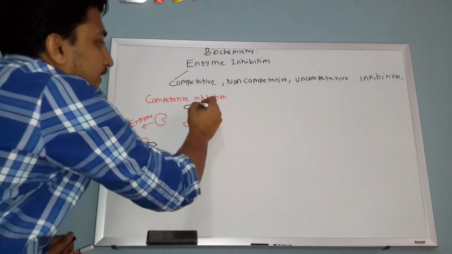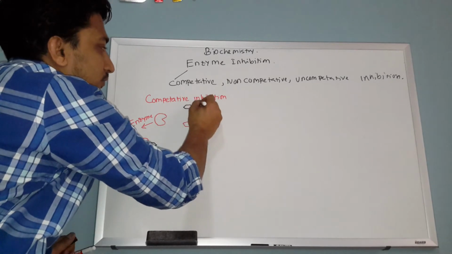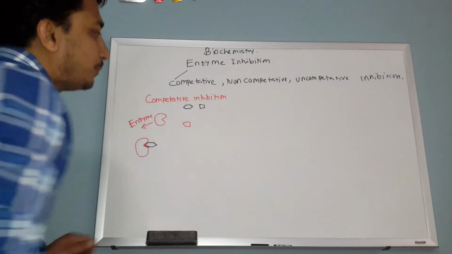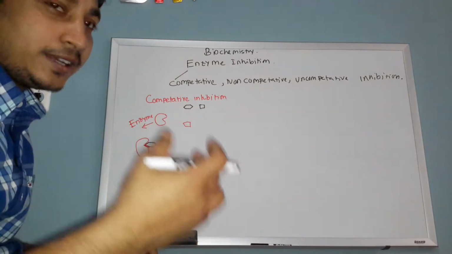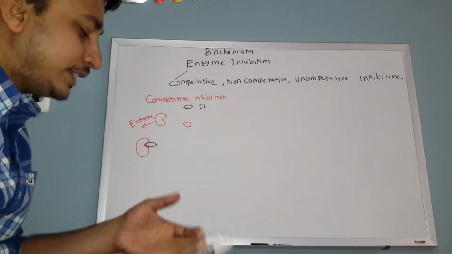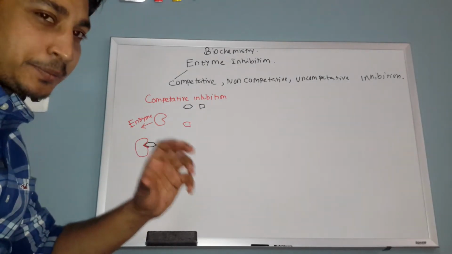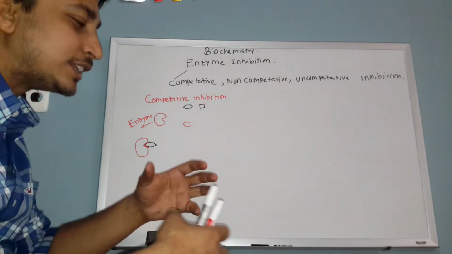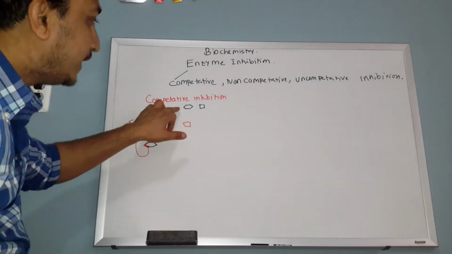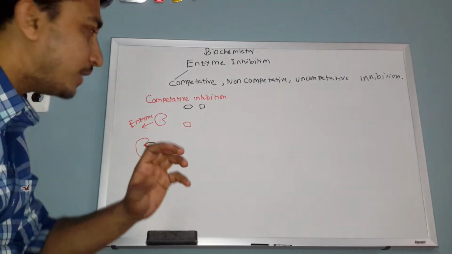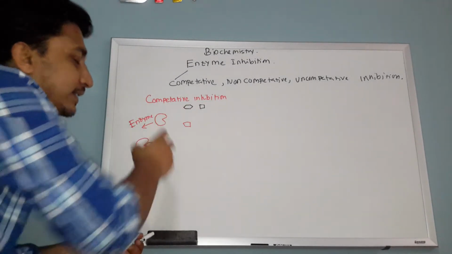Because, for example, if your substrate is shaped like that, you cannot bind with this one, because the enzyme has a different shape or active site. The active site needs a specific bind because it has a specific shape. So this substrate has a specific shape, and that's why it can bind with the enzyme.